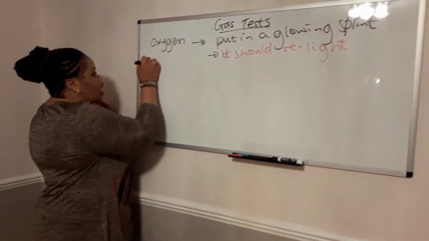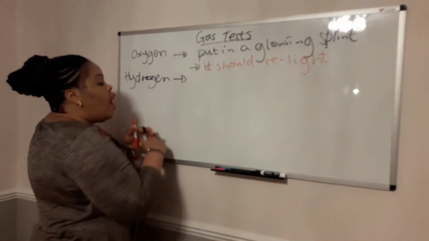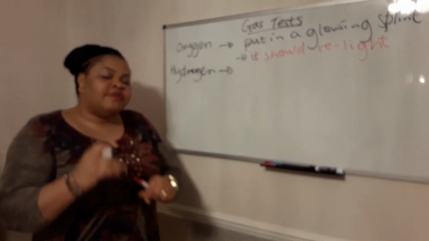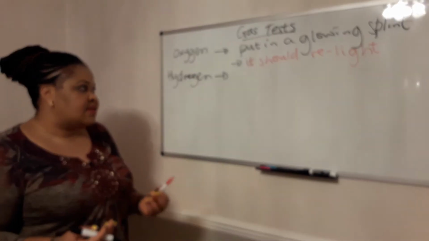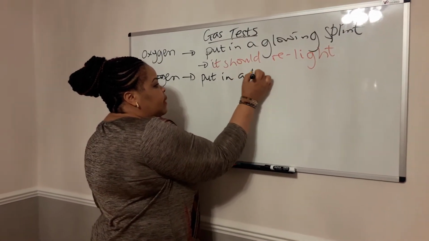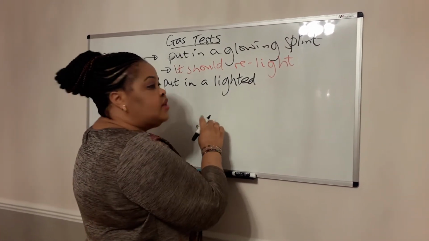Then we have hydrogen. With hydrogen, similarly, if you have a test tube that's filled with hydrogen, how do you test that this gas is hydrogen? You put in a lighted splint. Whereas for oxygen it's glowing, you really need the one with a flame for the hydrogen test.